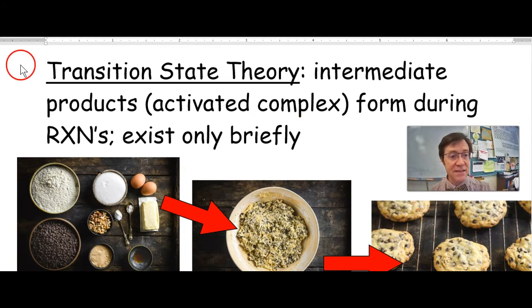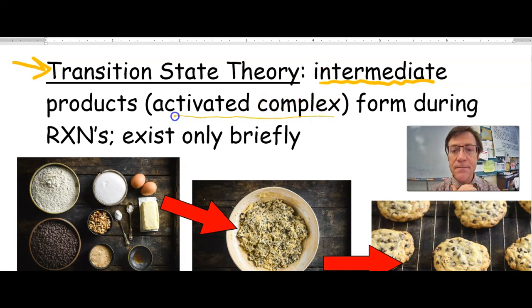And that is where we have this thing called transition state theory. It means that there are intermediate products, and in a chemical reaction, it is called the activated complex. Intermediate products form during chemical reactions, and they exist only briefly, and when I say briefly, I mean like a billionth of a second. They're hardly even there.